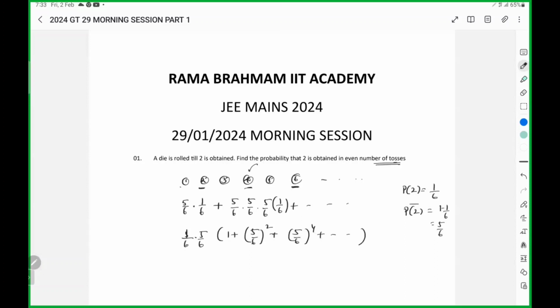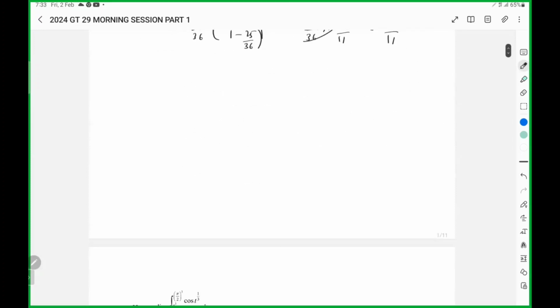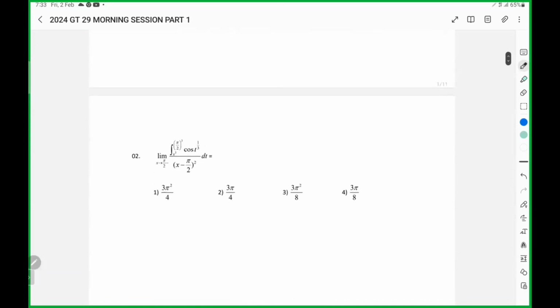So here it is a by 1 minus r. 5 by 36 into 36 by 11, that is 5 by 11. This is the probability of getting 2 in an even number of attempts.